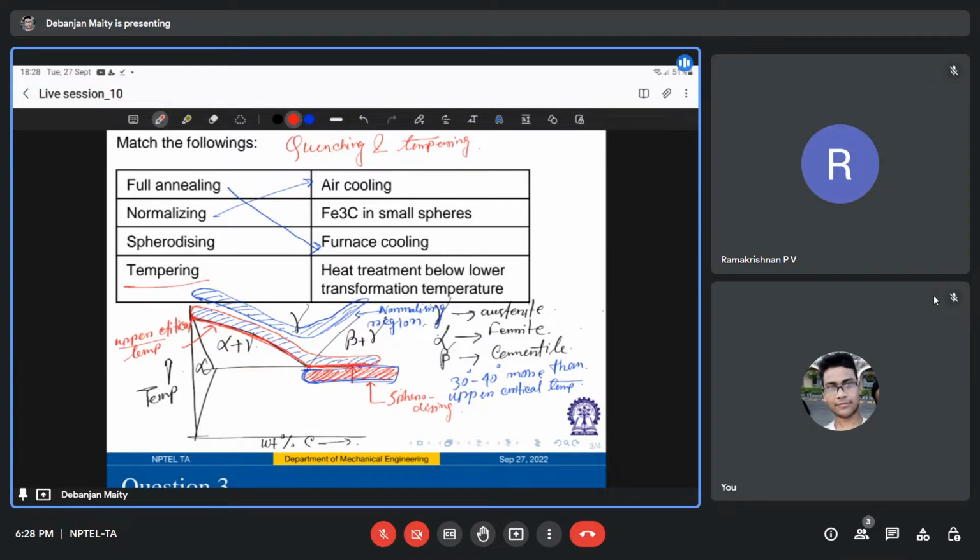So tempering is basically a heat treatment carried out on these ferritic steels at a relatively low temperature. It may be below the lower transformation temperature.